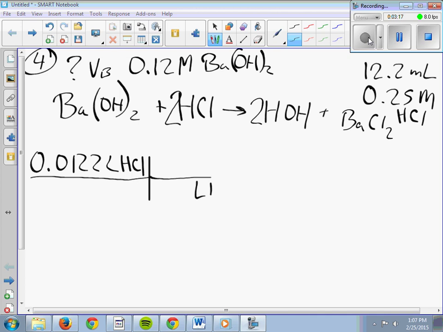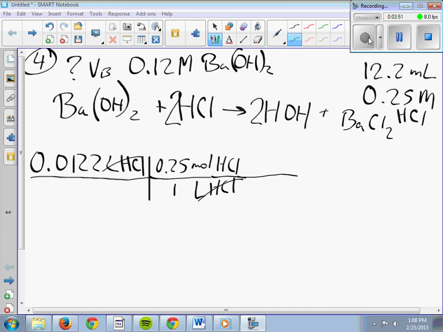So if I had 1 liter of HCl and it was a 0.25 molar solution, that would be 0.25 moles per that 1 liter. So 0.25 mole HCl. Now liters is gone. So now I'm at moles of HCl, but I want to figure stuff out about the barium hydroxide. So I want to get from moles of acid to moles of base.